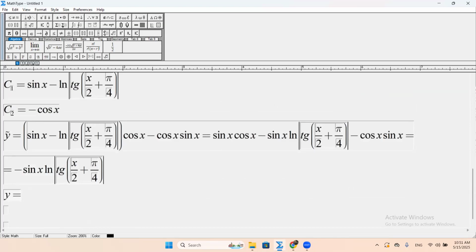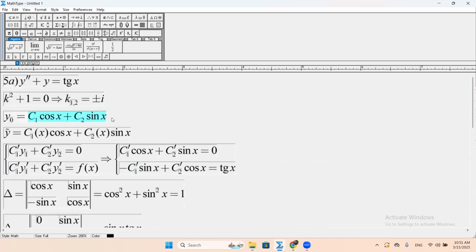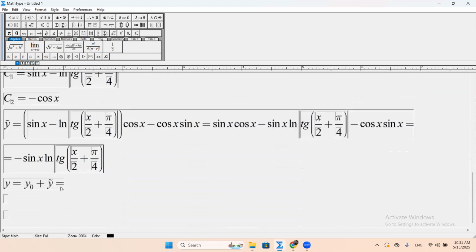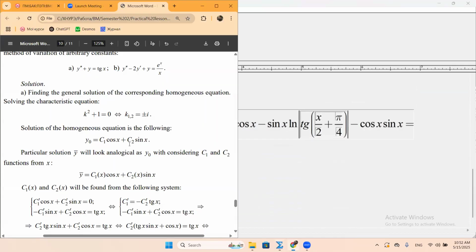And the final solution, so again, y0 plus y with wave plus y partial, and it equals c1 cosine of x plus c2 sine of x and minus sine of x multiplied by a logarithm of module tangent of x over 2 plus pi over 4. So this is the final solution, the general solution.